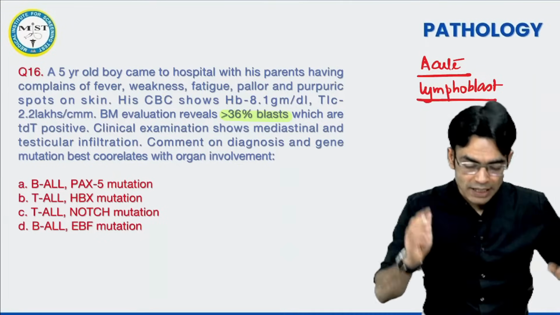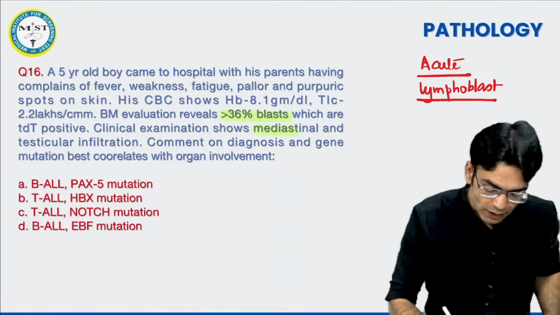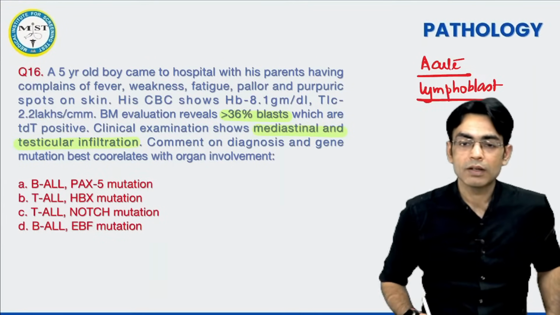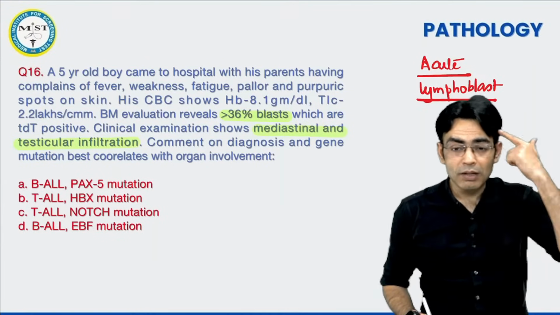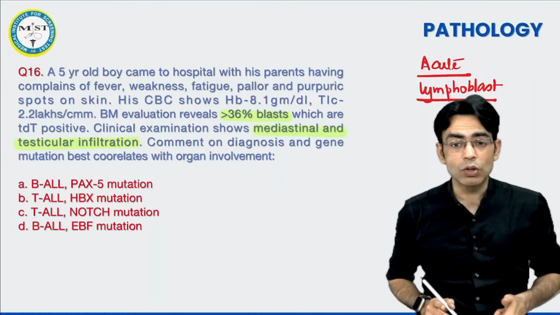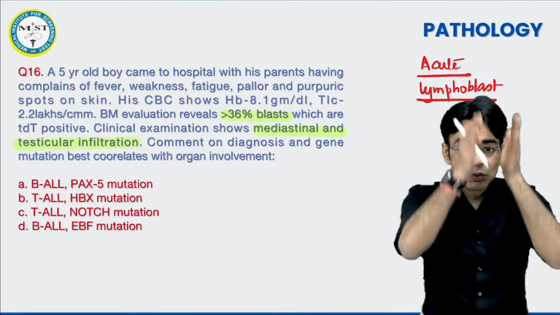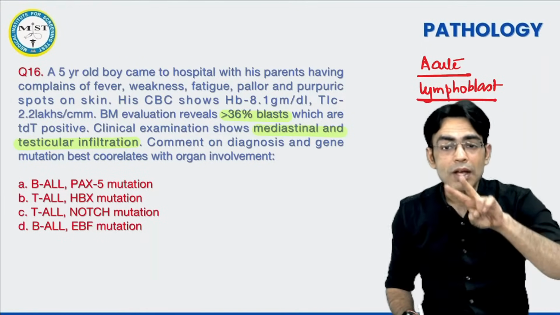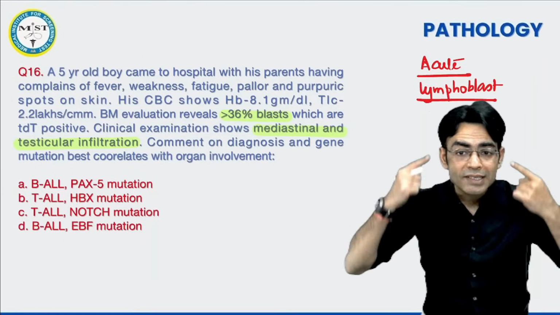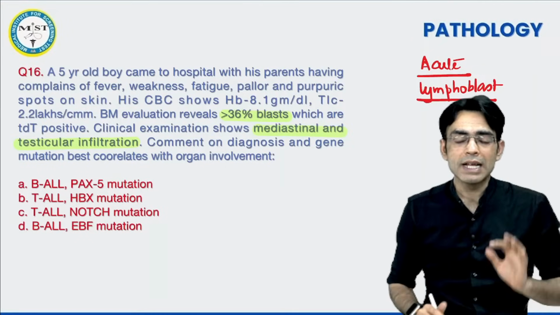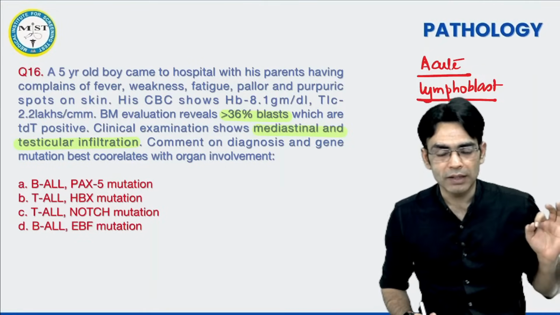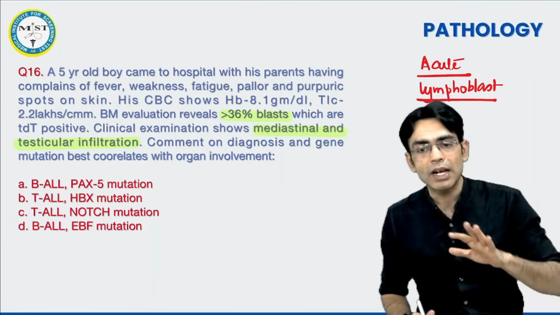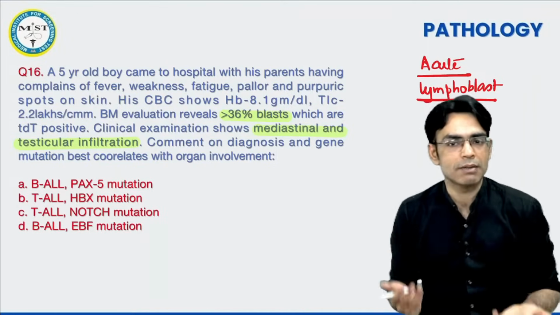Always remember this, guys: whenever we are talking about organ infiltration, cerebral, mediastinal, testicular, I told you, central involvement means ALL. And between B type and T type of ALL, whenever we talk about organ involvement, it is generally T type of ALL. Yes, I understand that T type of ALL is more commonly seen in adults, but it can occur in children too.